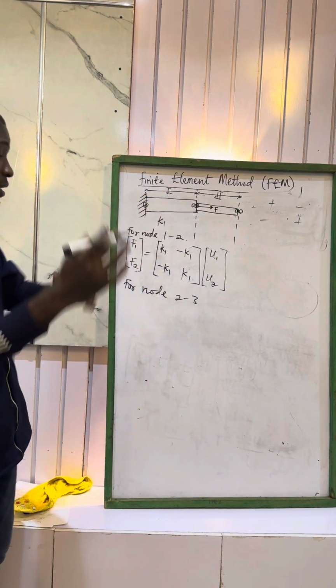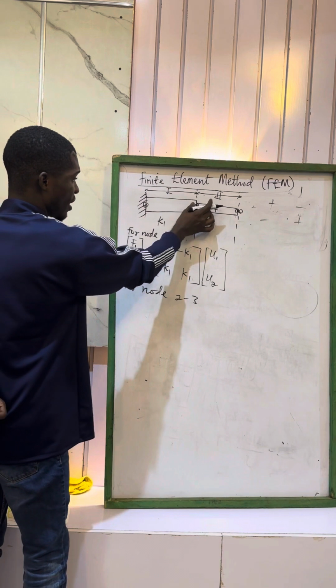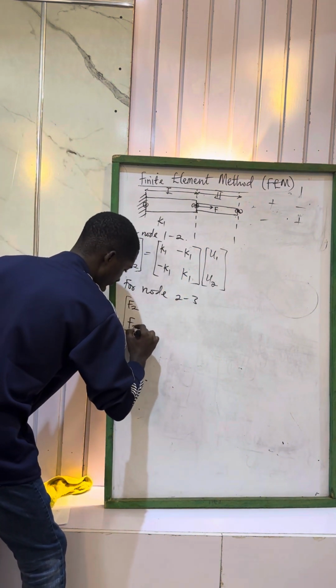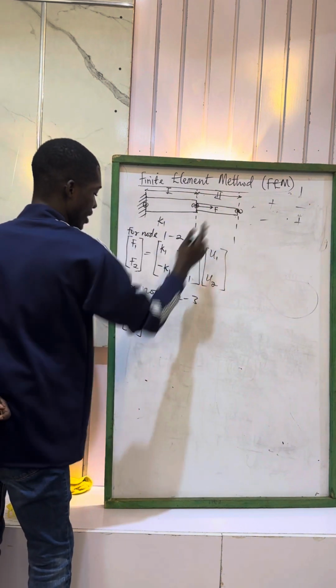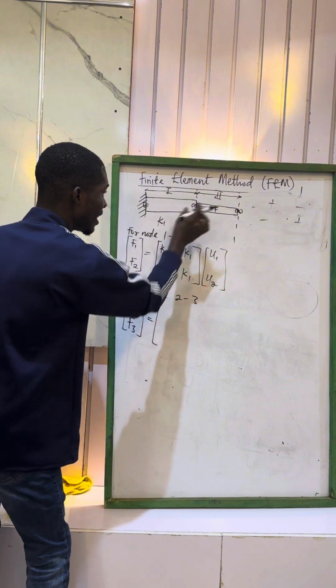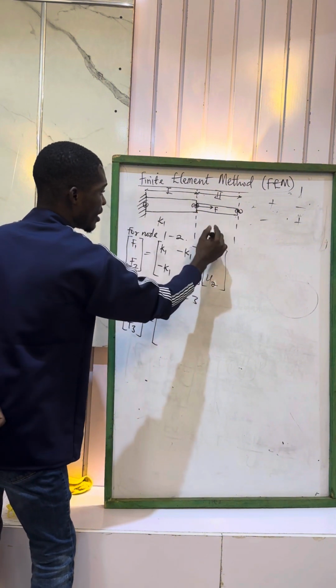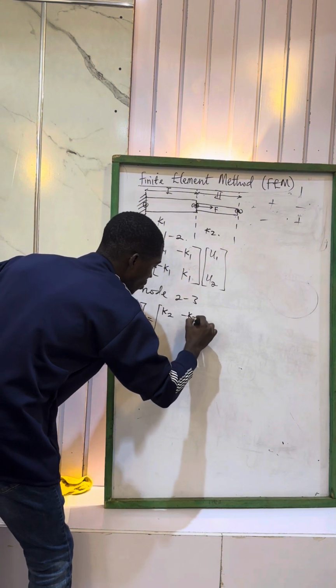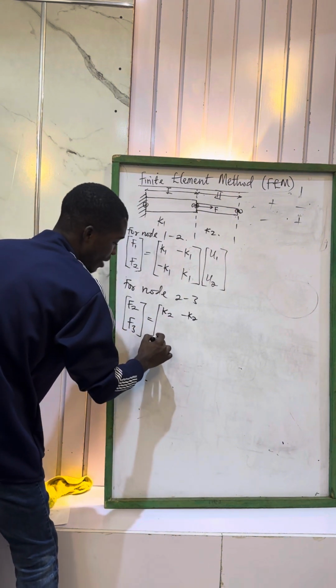That is how we are going to solve it. For node 2 to 3, the force acting here will be F2, then F3 at this node, equals, now, the stiffness for this element, let's call it K2. So K2, minus K2, and the next one, minus K2. Yeah, if you say minus K2, you are right.